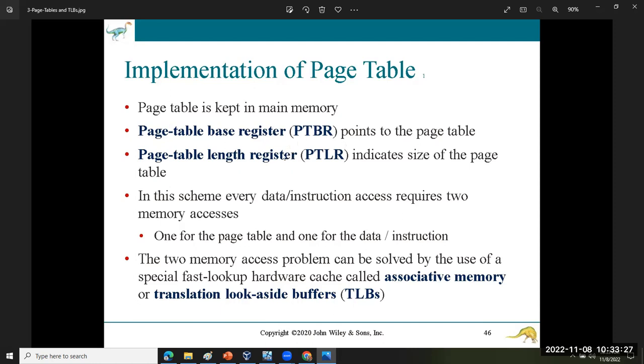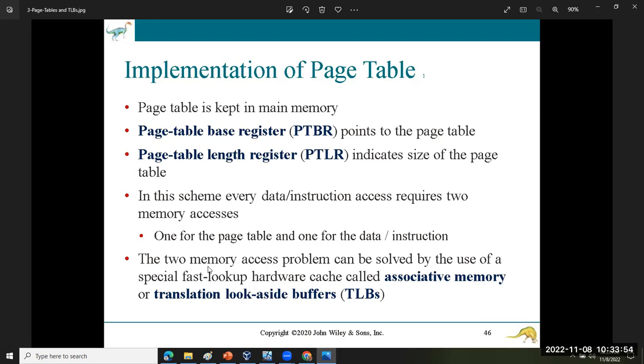So this is a critical register in the process. So where do you find the page table? You look at the page table base register, and it tells you where to go to find the page table. Page table length register indicates the size of the page table. So you have a starting point, then you have a size, and between the two, you can tell where it starts and how big it is, right?